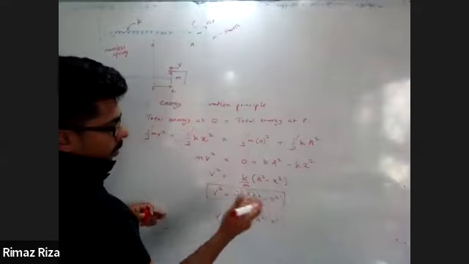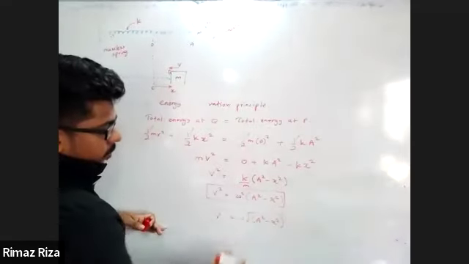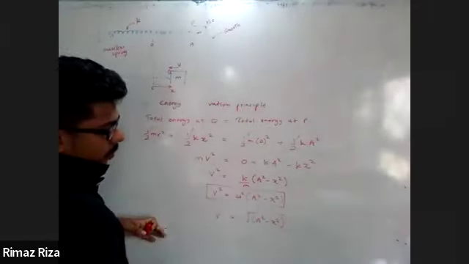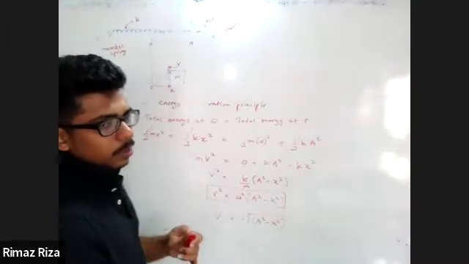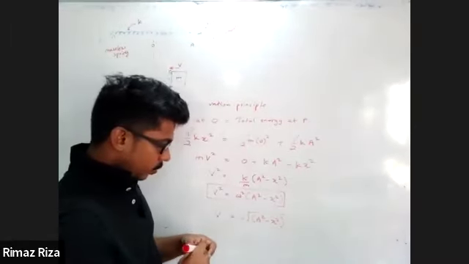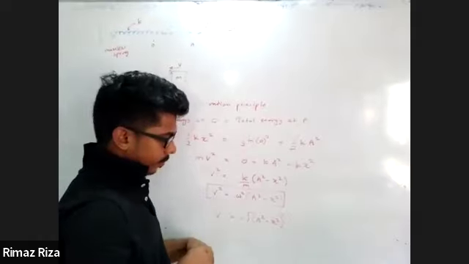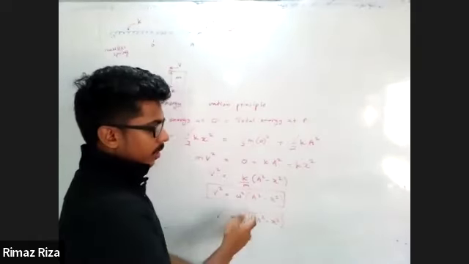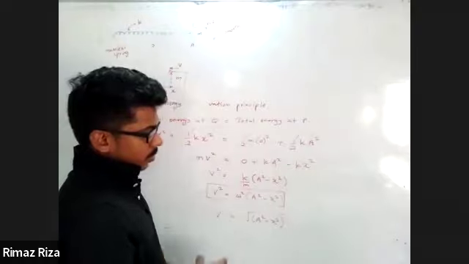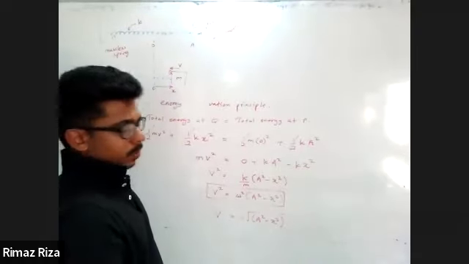You can either box this formula or this formula, but I used to remember v squared equals omega squared times a squared minus x squared, because I don't like to carry square roots. So I normally take this formula.